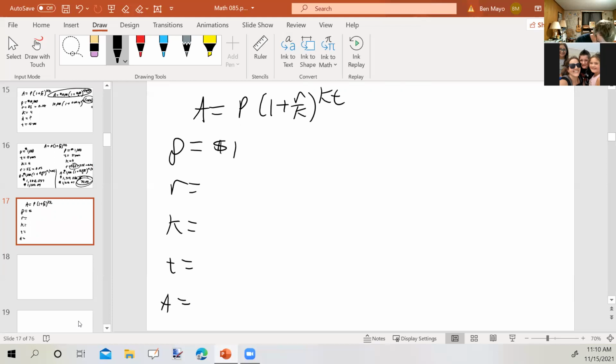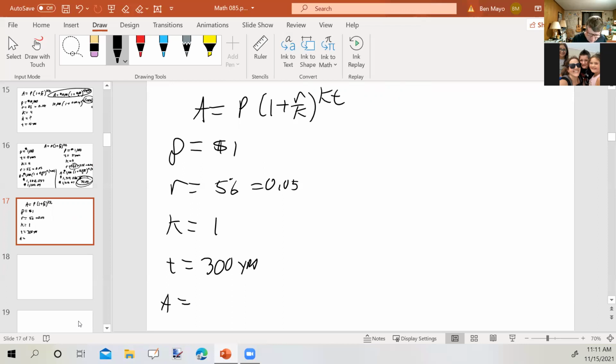Principal is $1. The interest rate is 5% or 0.05. K, it says annually, is 1. From July 4th, 1776 to July 4th, 2076 would be 300 years.